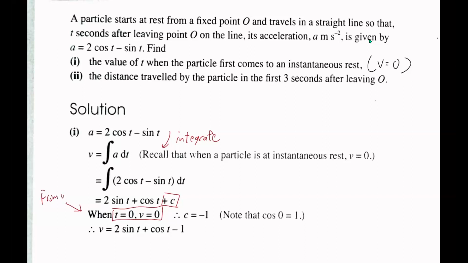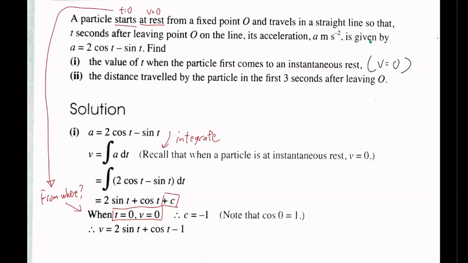Starts at rest from a fixed point 0. Yes, starts means t equals 0, at rest means v equals 0. We must translate the English into the math. That is the name of the game. So that's how you get your initial conditions.